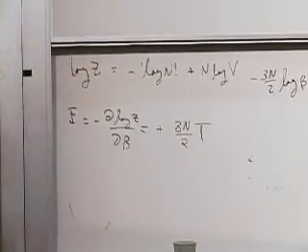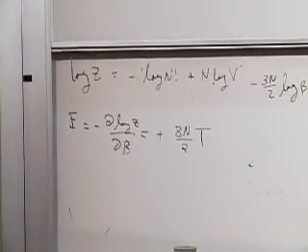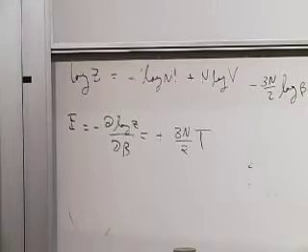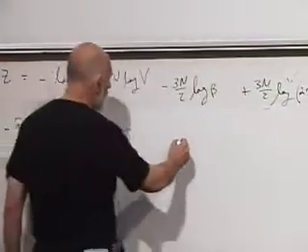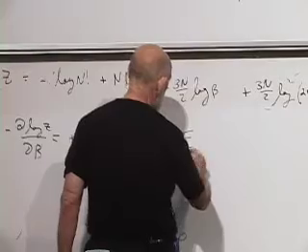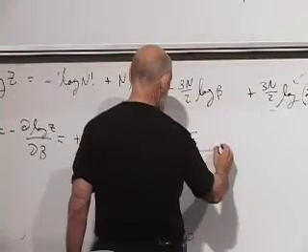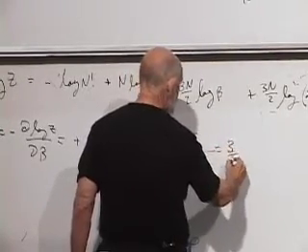So the total energy of the gas is 3/2 T times the number of particles, and the energy per particle is just 3/2 the temperature.